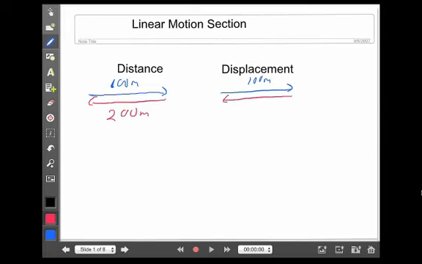Your displacement is 0. And the reason it's 0 is because how far you are relative to your starting point is 0. You're right back where you started. So displacement has to do with how far you are from where you began to where you ended.